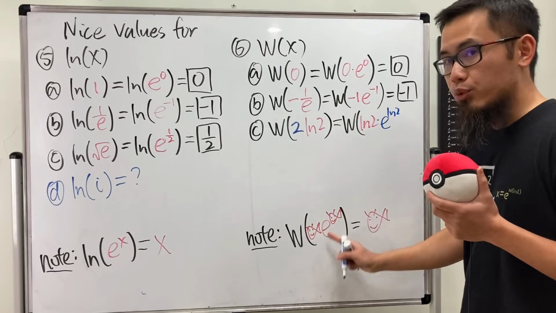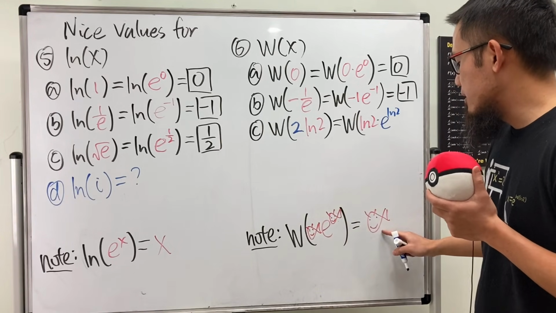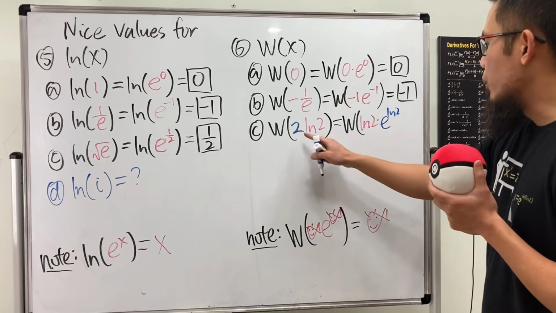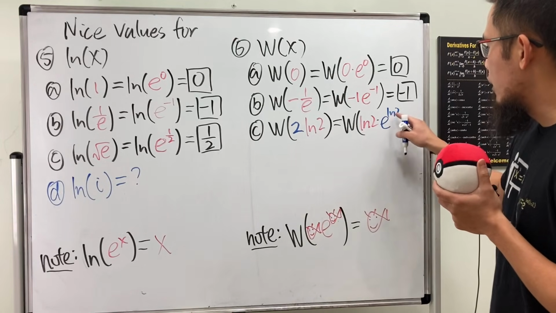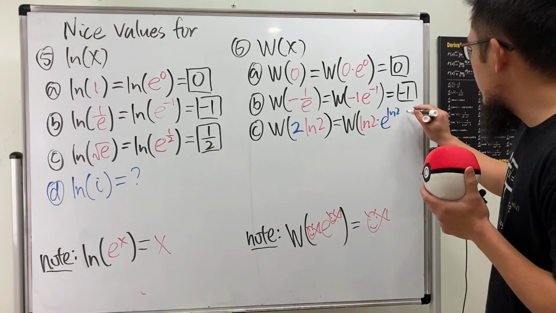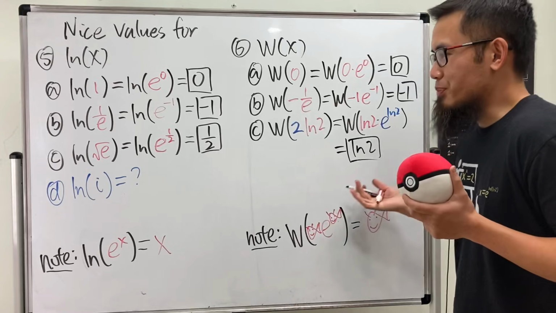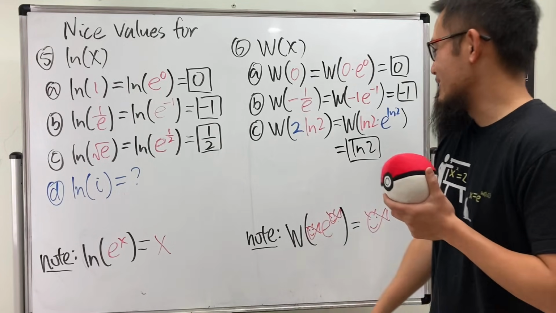Again, because we have to introduce the e, and we have to make sure this and that match so we can get this fish back. When we do that right here, you'll see the ln2, they match exactly. So the answer to this is precisely ln2, which is, I would say it's pretty nice, right? It's a pretty nice answer for that.